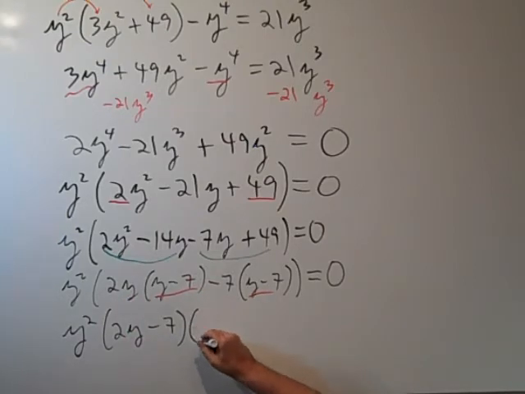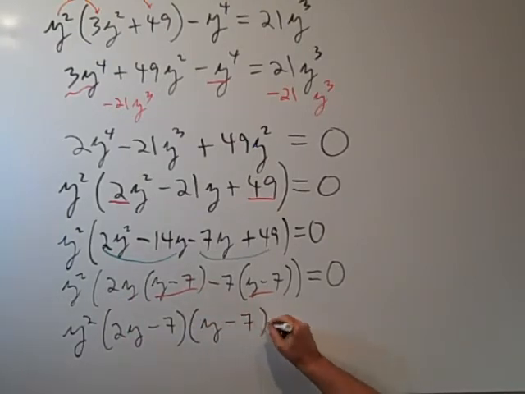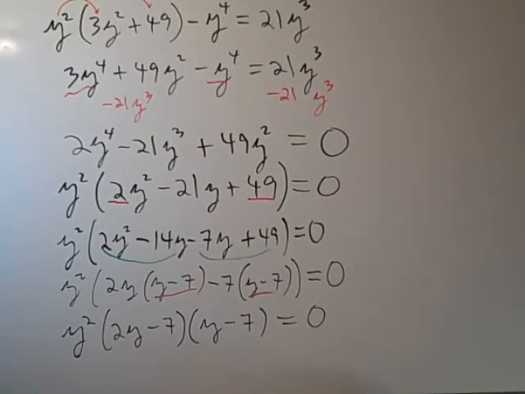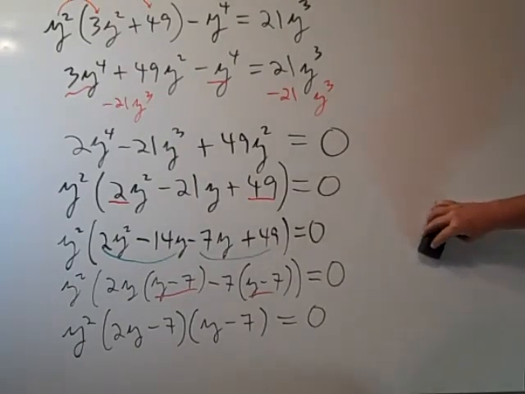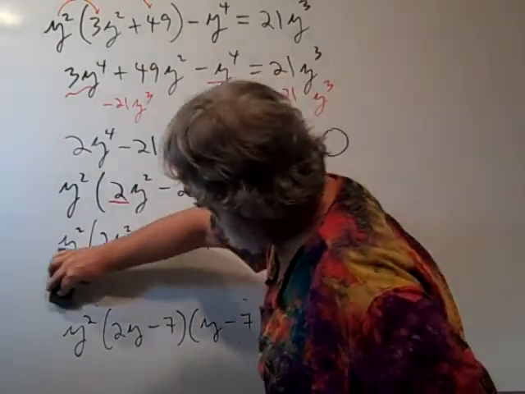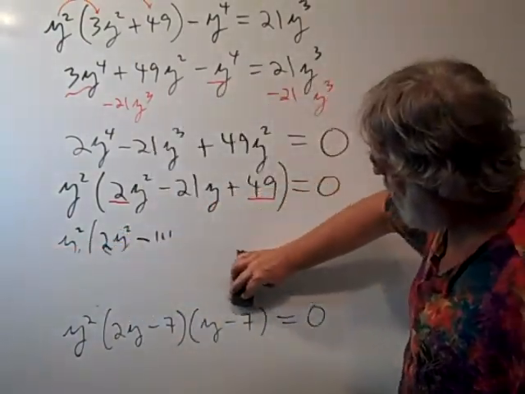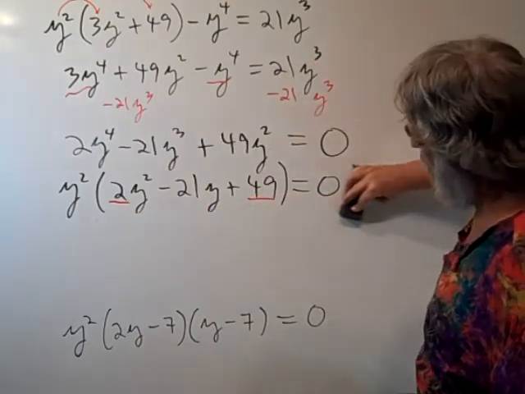That's what's left behind when we factor out the y minus 7. So now we're ready to just read off the solutions pretty much here. Let's back up, need some space, so we don't need these preliminary steps.